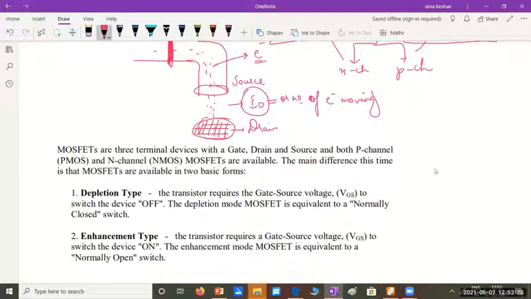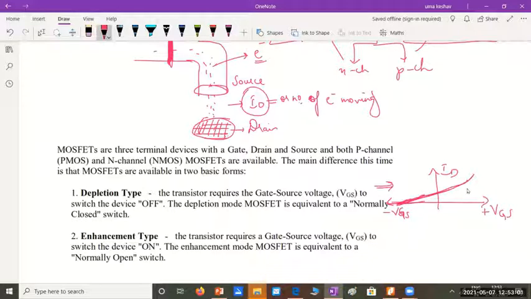Or if you remember the transfer characteristic curves, ID versus VGS, it will extend like this. Yes, do you remember? For depletion MOSFET, the transfer characteristic will go both in the negative VGS as well as positive VGS. Or in other words, depletion MOSFET works with both negative gate source voltages as well as positive gate source voltages.